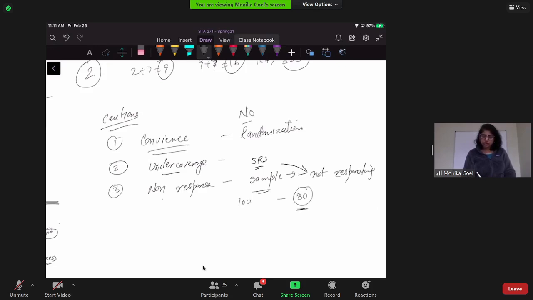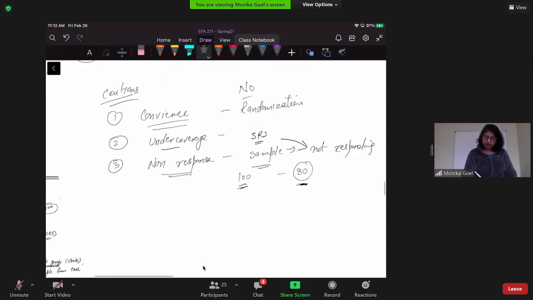So again, your sample will suffer from non-response because you need a sample of size 100 for that particular population to do the inferences. But now you have only 80 respondents. So basically, your sample will suffer from non-response. We also talk about voluntary response bias.